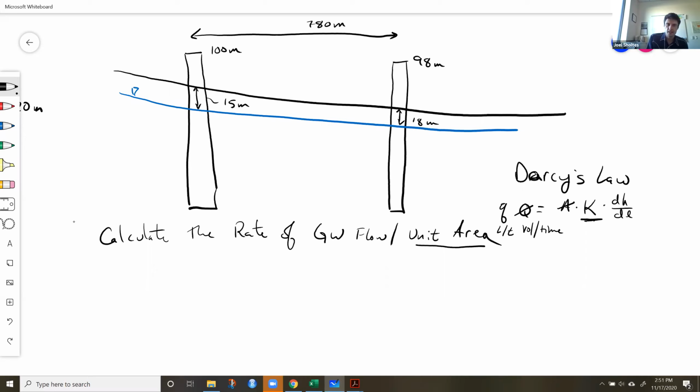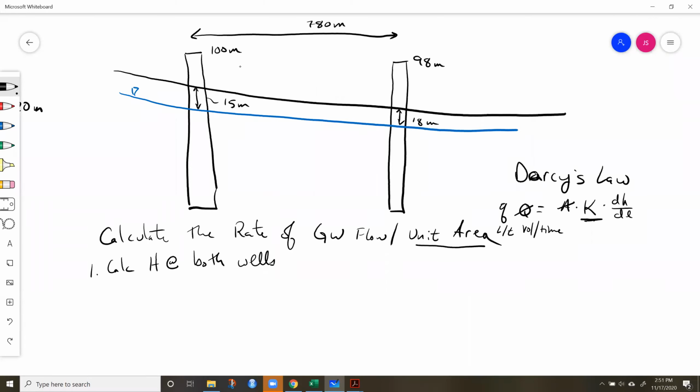So to calculate the hydraulic gradients, we're going to need the head. And from the last problem, I'll ask Val to tell me, how do I calculate the head at these two wells? Okay, how about Christian?